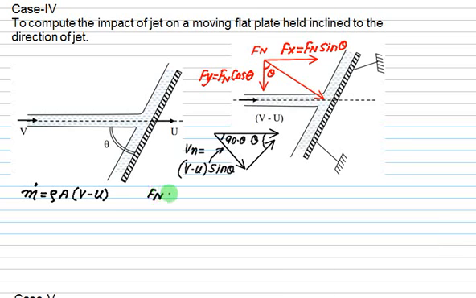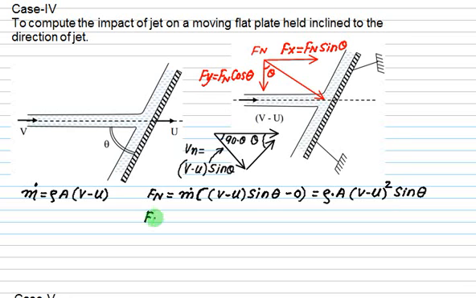Fn will be equal to m dot multiplied by the velocity in that direction, v minus u times sin theta, and the return velocity will be equal to 0. So this is the same as rho times A times (v minus u) squared sin theta.